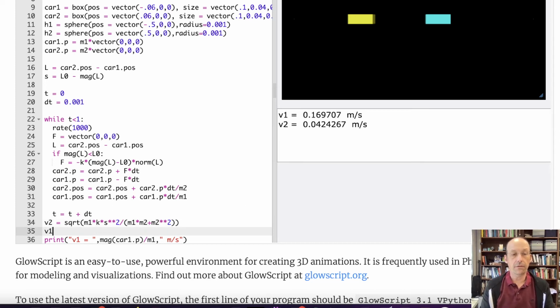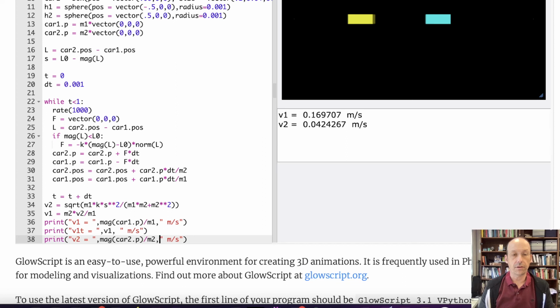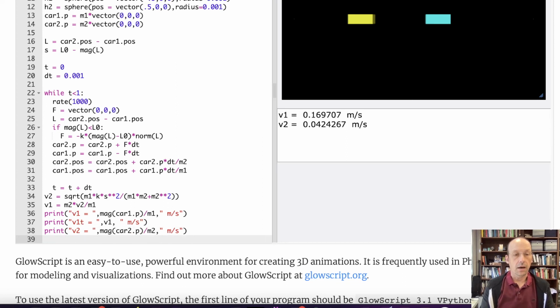And then I can calculate v1 as just m2 times v2 divided by m1. Now I'm going to put right here, print v1t. This is theoretical velocity, and it'll just be v1 in meters per second. And then down here, I'll do it after this one, print v2t equals v2 meters per second.